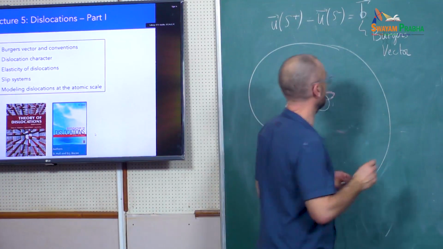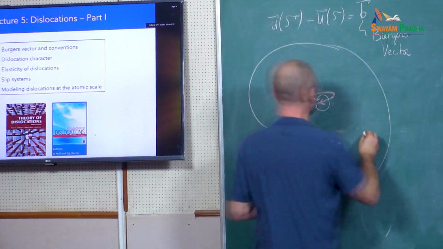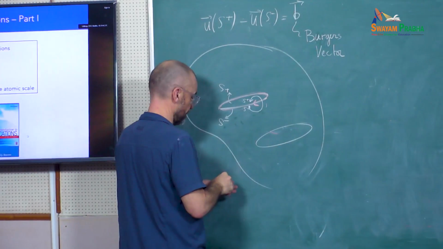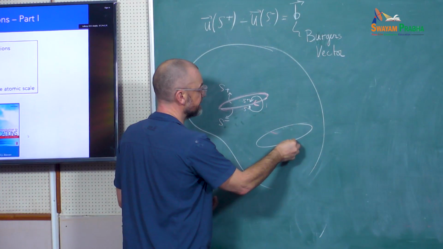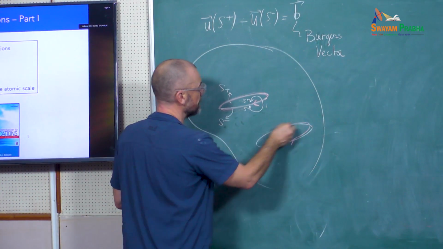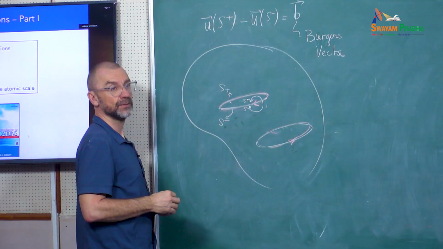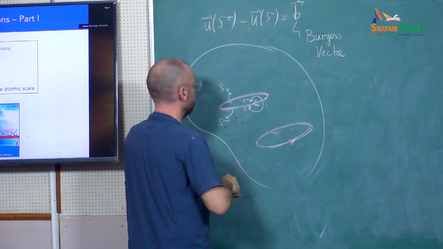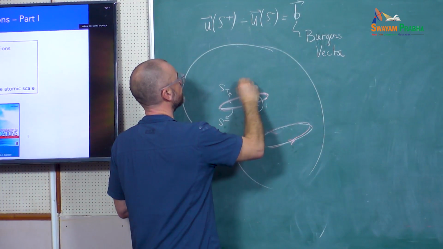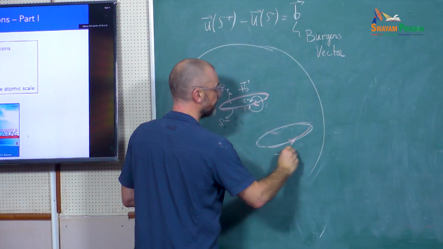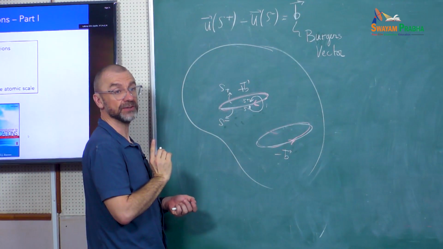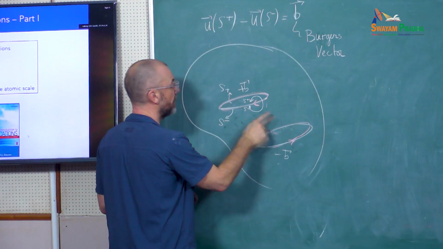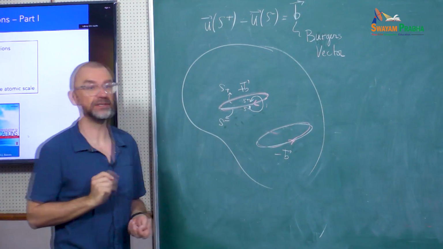I could do exactly the same dislocation, but if I decide to orient the dislocation in the opposite direction, it is just minus b. So this would be plus b, this is minus b, but it's the same dislocation. So the sign of the Burgers vector depends on the direction of the dislocation line.